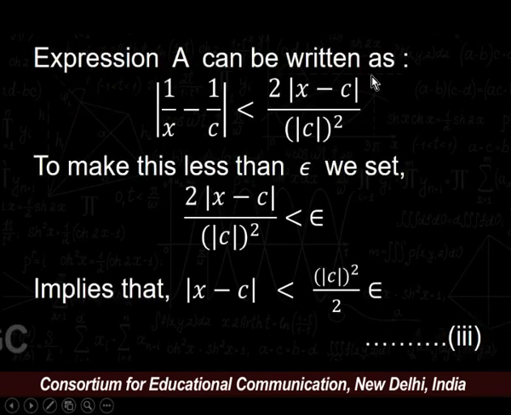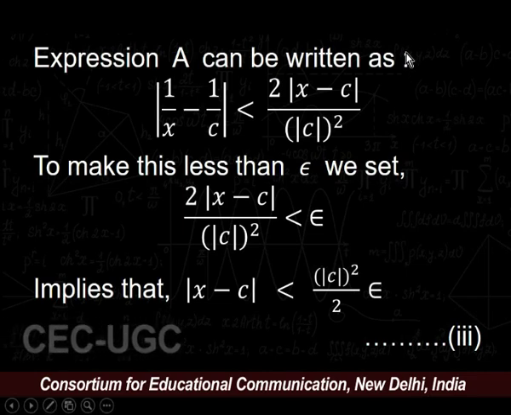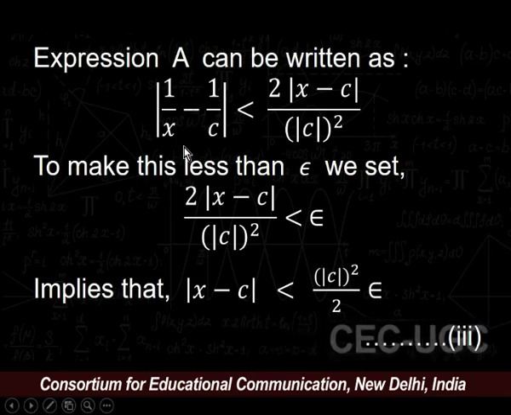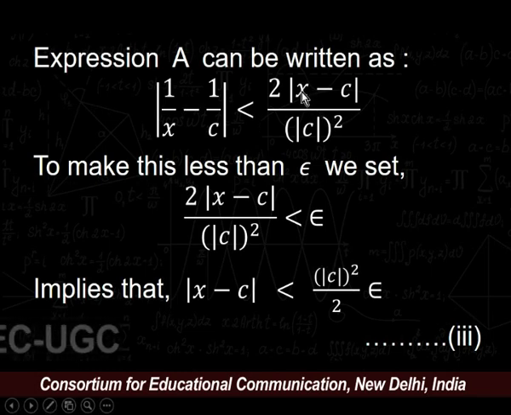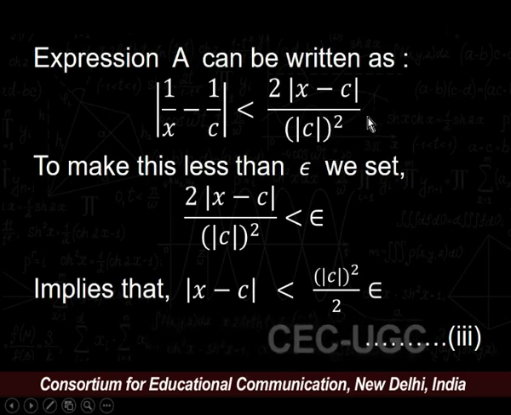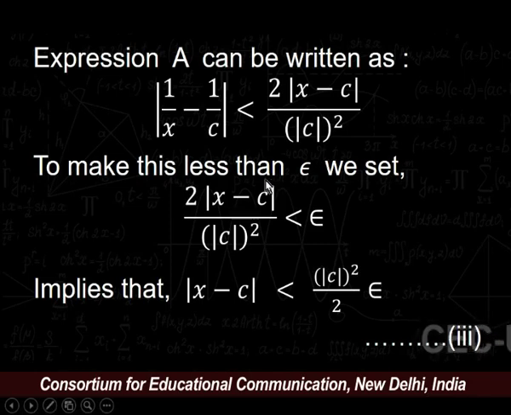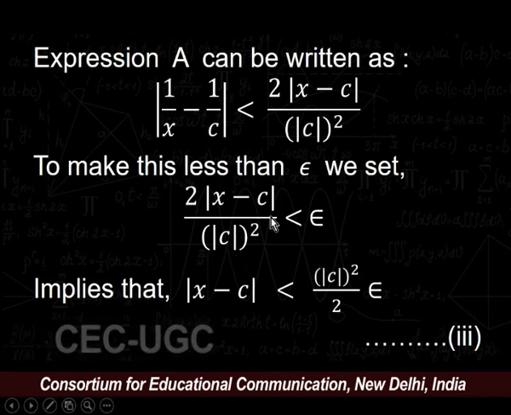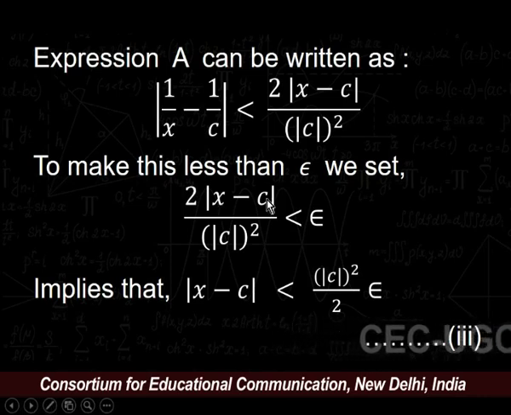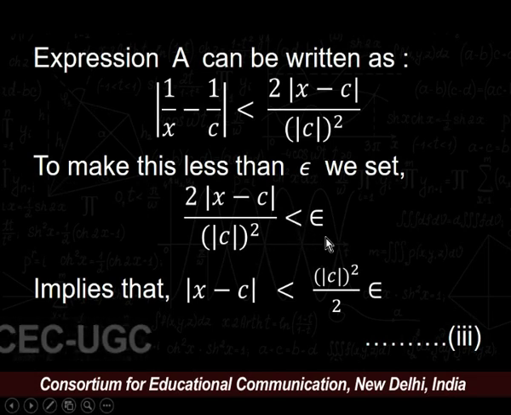So, expression A can be written, after substituting, as |1/x - 1/c| less than 2|x - c|/|c|^2. To make this less than epsilon, we set 2|x - c|/|c|^2 strictly less than epsilon.